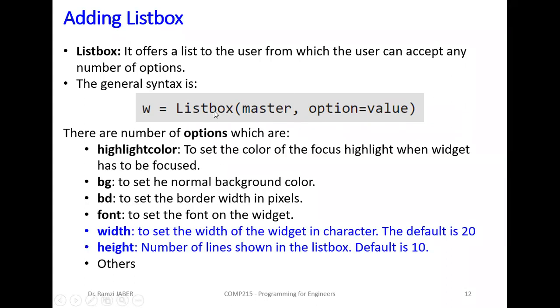Here inside the parameters of Listbox, we have width and height. By default, the width is in characters, and by default it is 20 characters. Height is the number of lines. By default it is 10 lines.